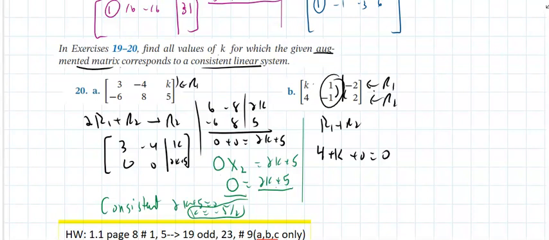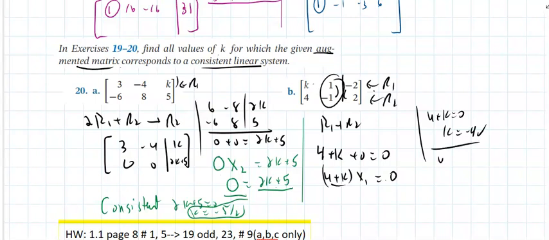So here, I'm looking at 4 plus k times some, say, x1 or x2, it doesn't matter, right? If 4 plus k equals 0, I'll get 0 equals 0, that's a solution. If k equals negative 4, I'll get a solution.